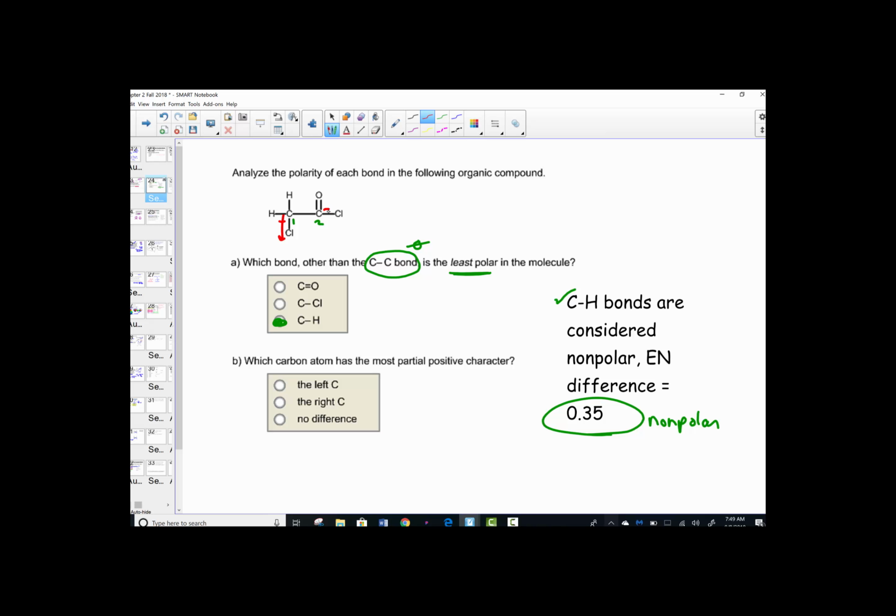Here we have two more electronegative elements pulling the electron distribution in either direction, making this carbon more positive than the first carbon. There are two very electronegative elements pulling carbon's electrons from it. So the right carbon would have a more partial positive charge because there are two atoms vying for its electrons.